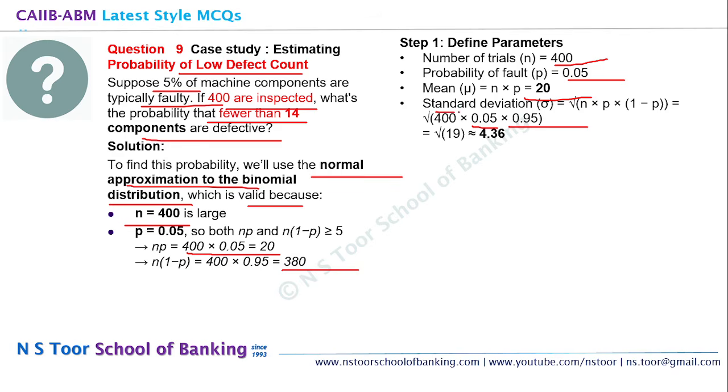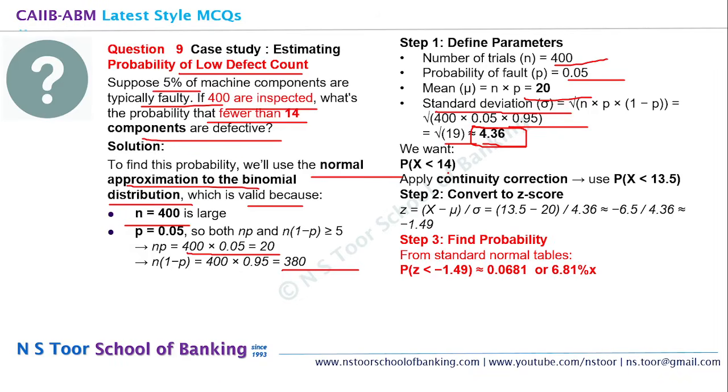So the standard deviation is the square root of 400 into 0.05 into 0.95, which is 19. The square root of 19 is equal to 4.36. So my standard deviation in this case is 4.36.